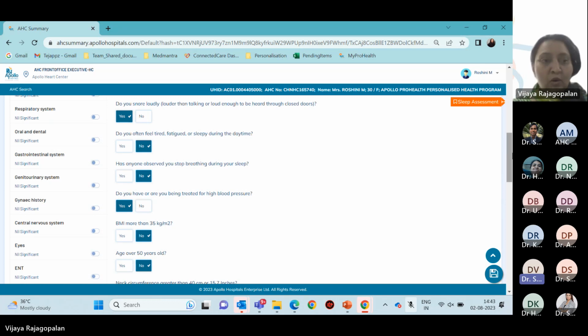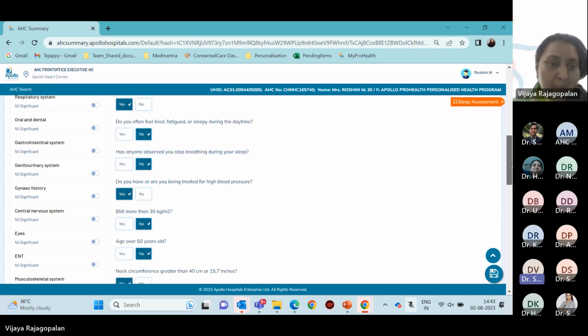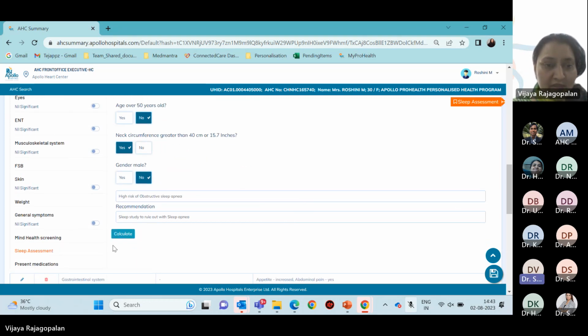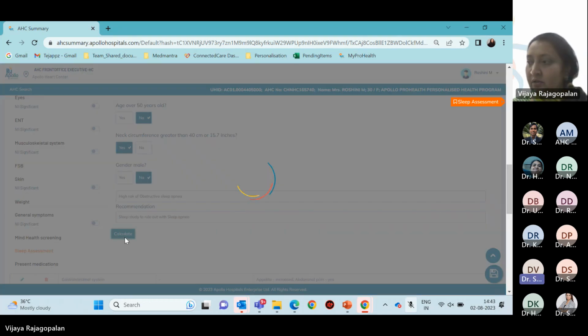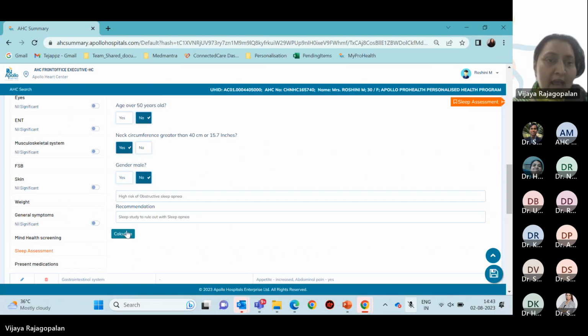Rest all is actually auto-fetched from the medical history. Once you've entered all of this, all that you need to do is do a calculate. And based on the algorithm, it will determine what your risk is, whether it's low risk or high risk. And based on that, the related recommendation is also auto-populated.